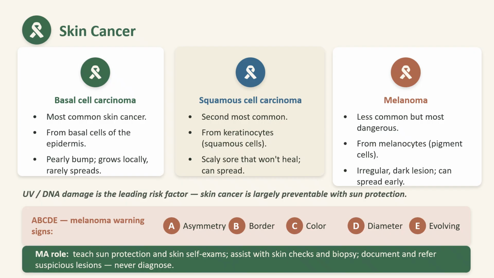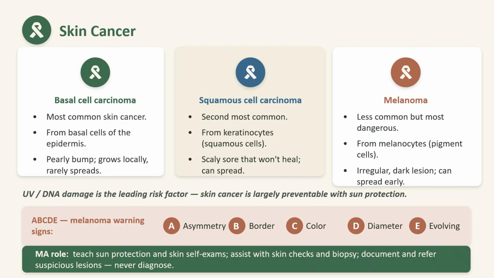Squamous cell carcinoma in the middle is the second most common. It comes from the keratinocytes, the squamous cells, and often shows up as a scaly, crusted spot or a sore that won't heal. Unlike basal cell, it can spread if it's left untreated. Melanoma on the right is less common, but by far the most dangerous because it accounts for most skin cancer deaths.